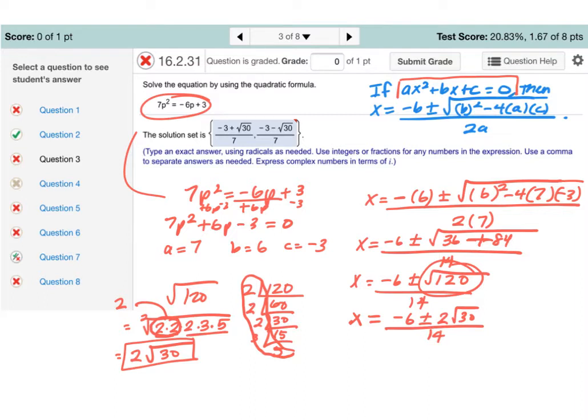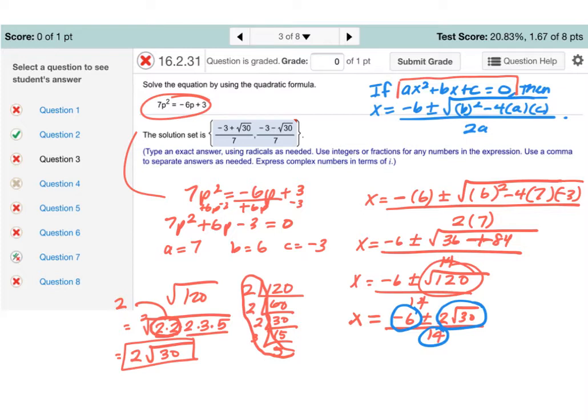Okay, and so we have two solutions here, but we can reduce this. You can split it apart and write two solutions and reduce it, or you can reduce it all at once. I'm going to reduce it here. If I look at each term, negative 6, 2 square root of 30, and 14, all terms have a common factor of 2.